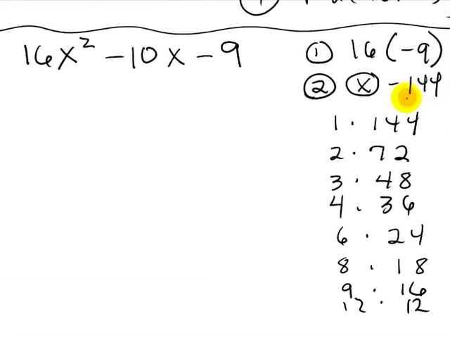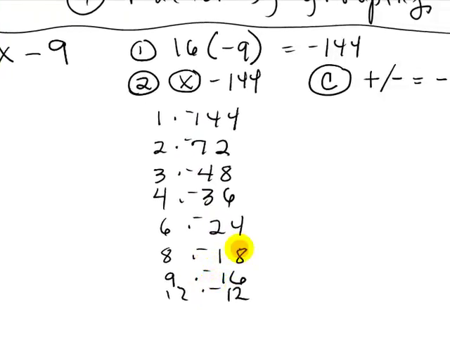Alrighty, now remember, it's a negative 144. So one of these has to be negative. And because this is negative, that means my large numbers need to be the negative. So we'll come back and put that so that when we go to combine, we'll get the right numbers.